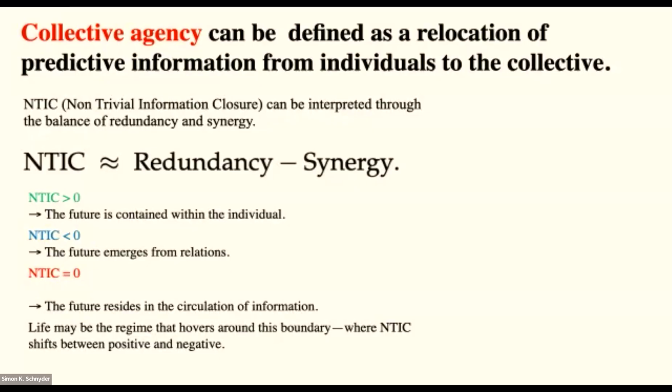And if the future resides in the circulation of information, which is a bit complicated, then NTIC goes to zero, meaning that sometimes information comes to your individual, but sometimes it goes to the collectives. So it's oscillating between the ensembles and yourself. What I can say is that information resides in the circulation of information, which means life may be the regime that hovers around this boundary where NTIC shifts between positive and negative.